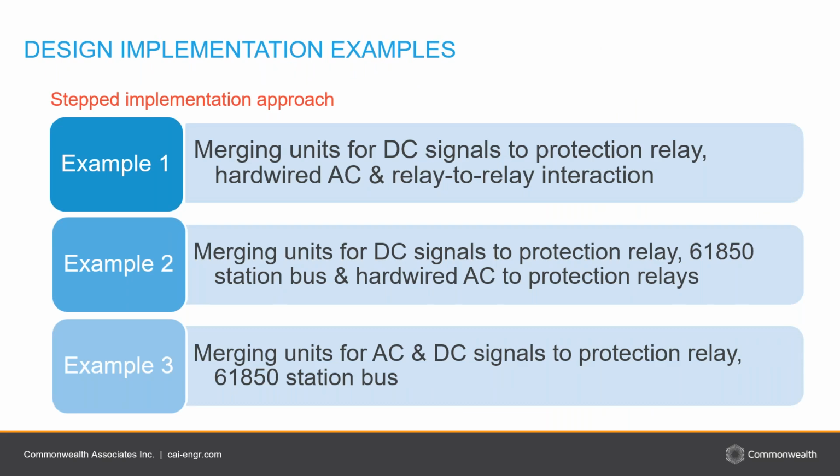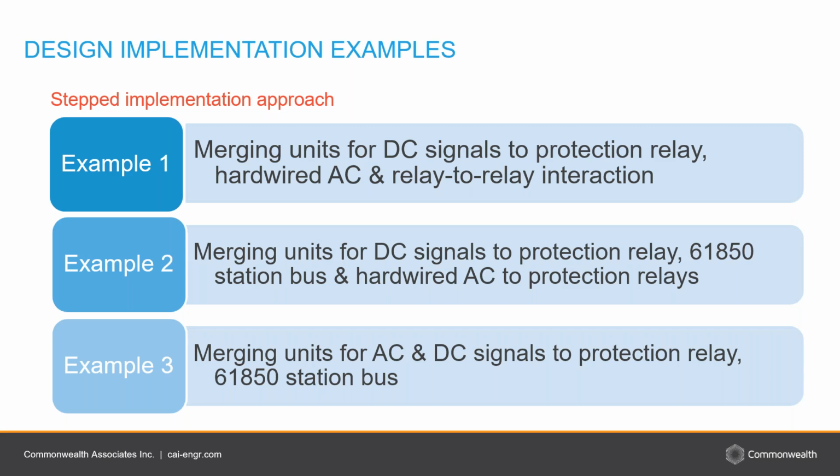Our first example is going to be using merging units for the DC signals to the protection relay, but keep the hardwired AC, so our currents and potentials, and relay to relay interaction. So we're talking about breaker failure initiates, things like that. Example 2 is going to show merging units for DC signals to the protection relay and utilizing a 61850 station bus for that inter-relay connection, so relay to relay.